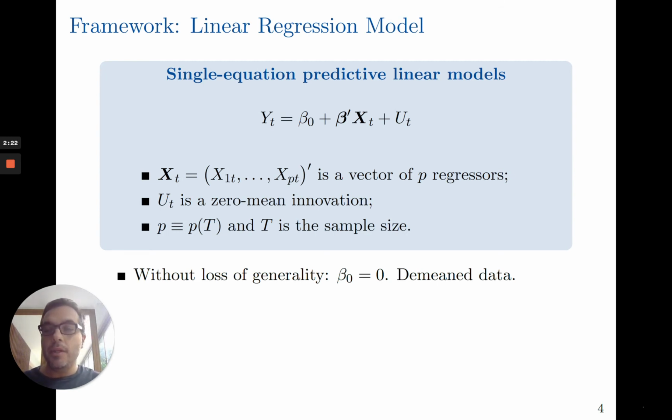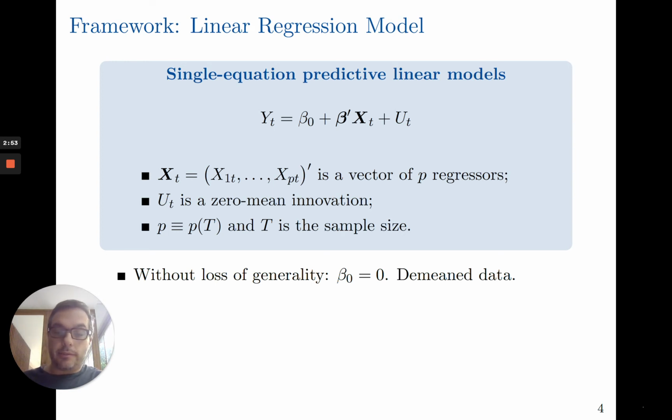So we allow the dimension of the problem to grow as the sample grows. We do that in order to construct asymptotic methods that will be good approximations for situations we face in practice where the dimension of the regressors is larger than the sample size.